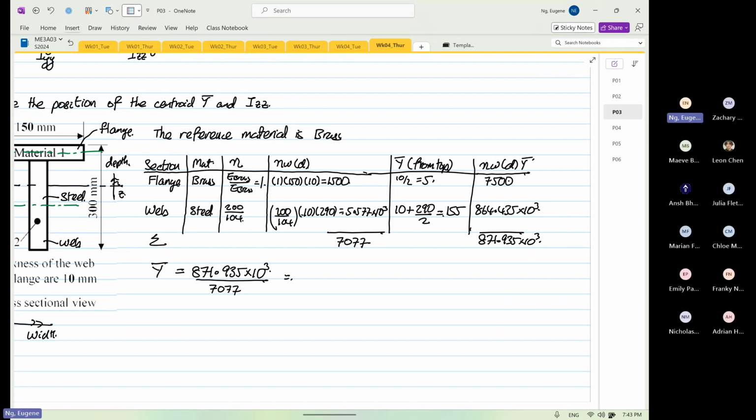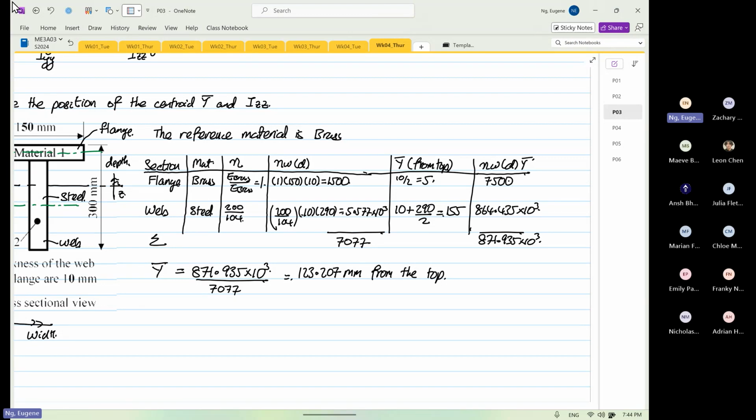So it's equal to 123.207 millimeters from the top. Once you have this now, what I'm going to do is calculate the second moment of area, IZZ.